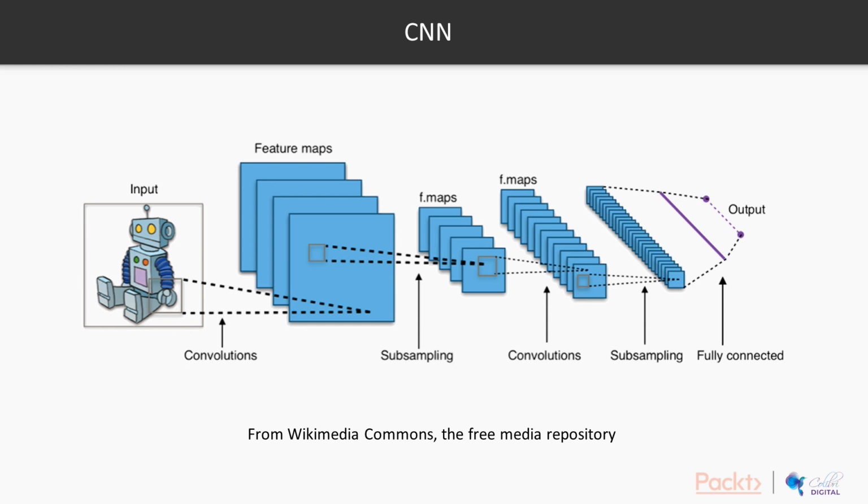So we contrast this to a feed-forward network. A feed-forward network would take the whole input, i.e. the entire robot image, and multiply as many weights as inputs on the image to produce one activation, right? However, in convolutional neural networks, we only look at a small part of the inputs at a time, and that's called the kernel.